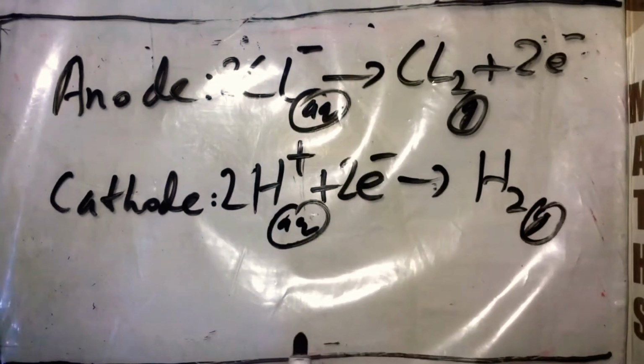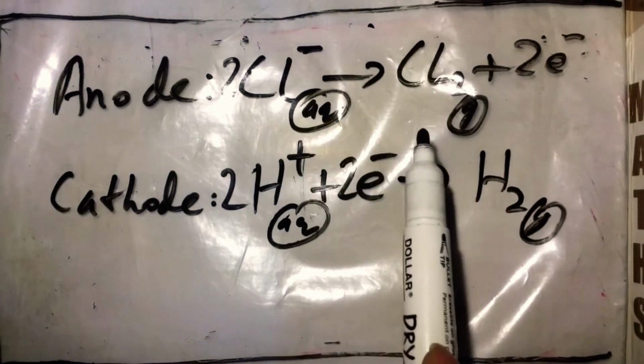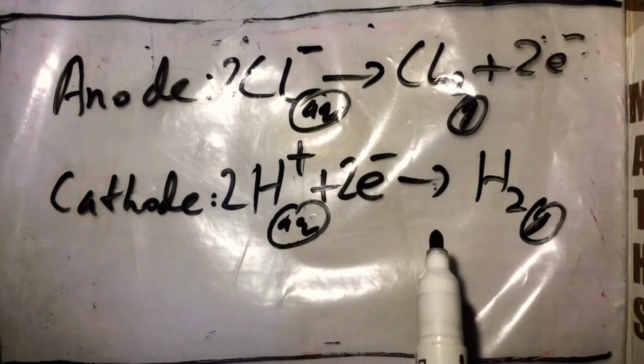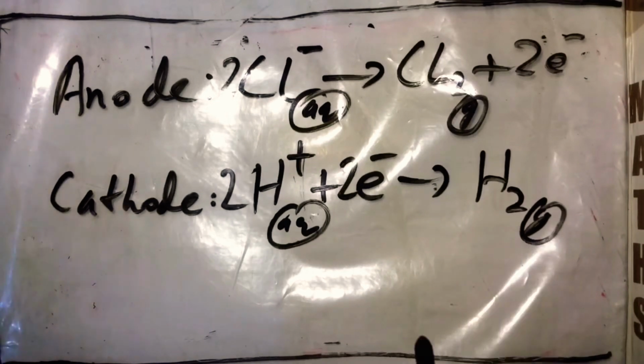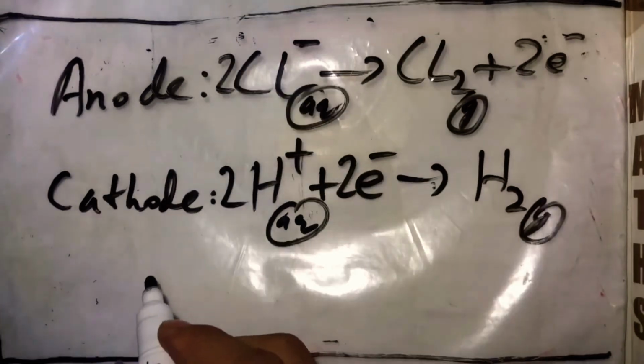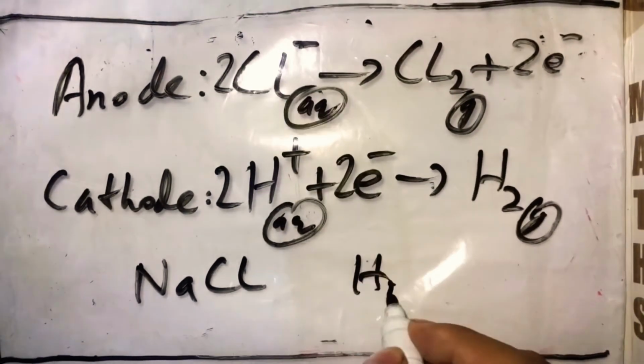Now the observation over here will be that at the anode a yellowish green gas is produced, while at the cathode there are bubbles of a colorless odorless gas, that is hydrogen.